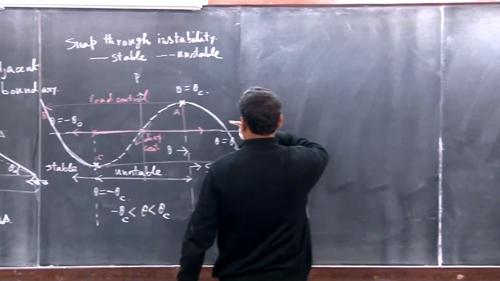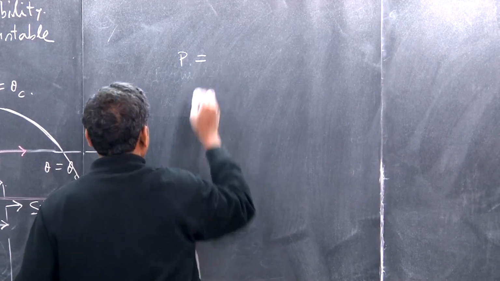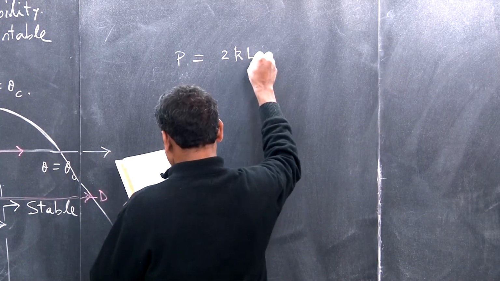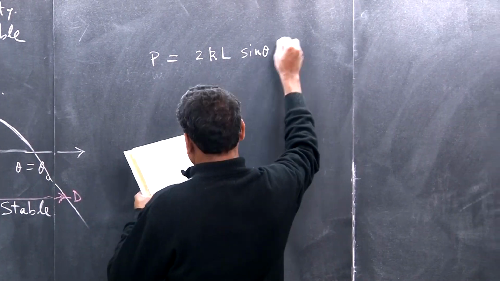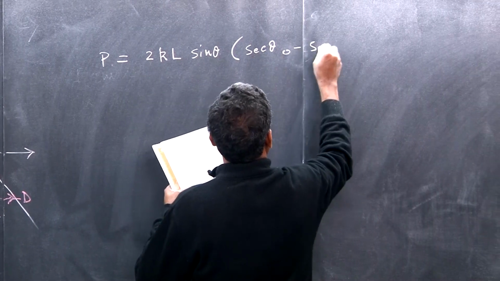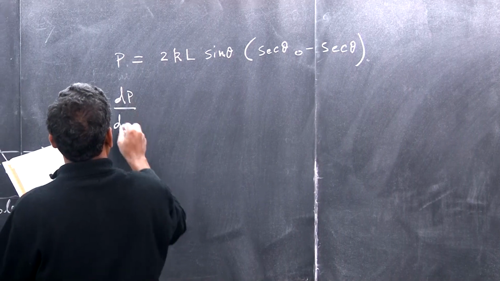Another thing that I would like to point out: on the equilibrium path you are getting P as 2KL sin theta (sec theta 0 minus sec theta), and we are finding dP d theta.